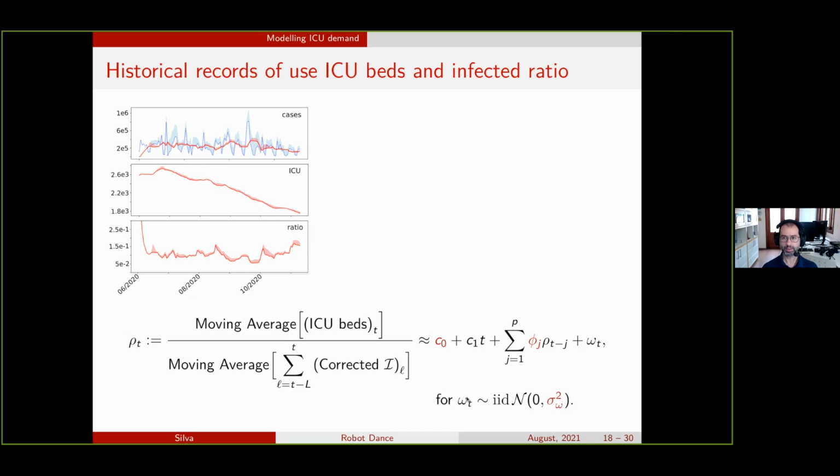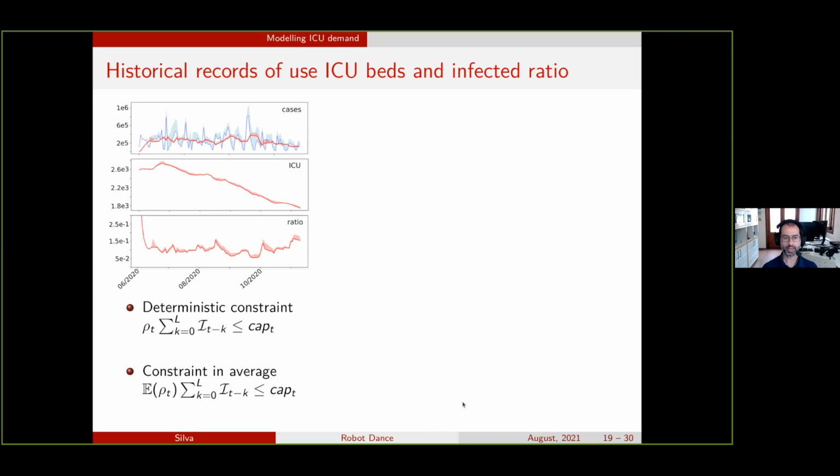Once you have this, we have to estimate from the historical data the parameters of this ARIMA time series and the variance of this random variable. We are assuming that the mean is 0, okay? And once we have that, we can substitute rho of T by our model, okay?